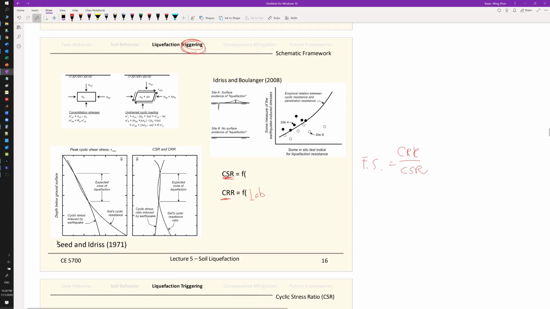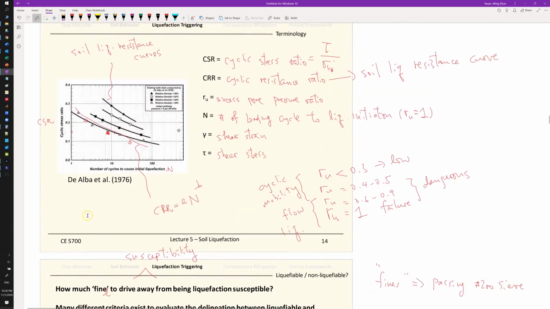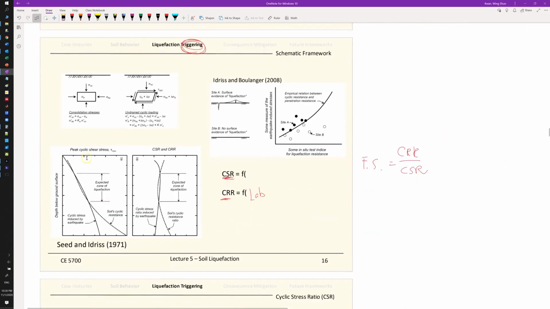From our lab examples, in the lab we can count the number of loading cycles of the harmonic shear stress history, and the y-axis is the loading. If we set the factor of safety equal to 1, then the loading equals the resistance. So we have the resistance on the y-axis, and the x-axis is an index of the type of testing you're working on.